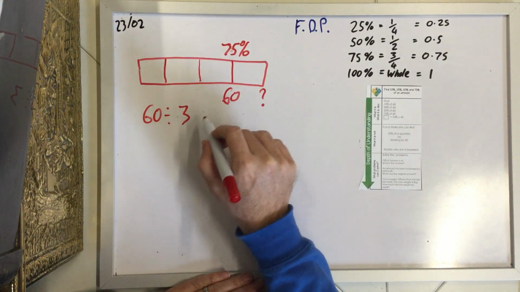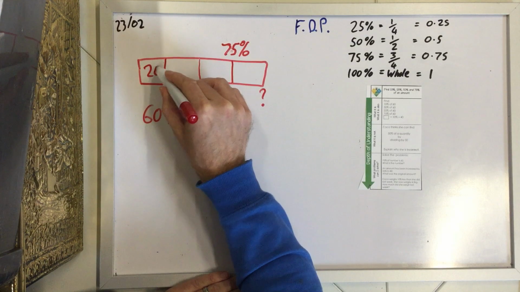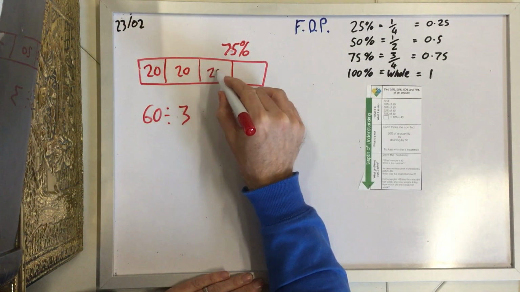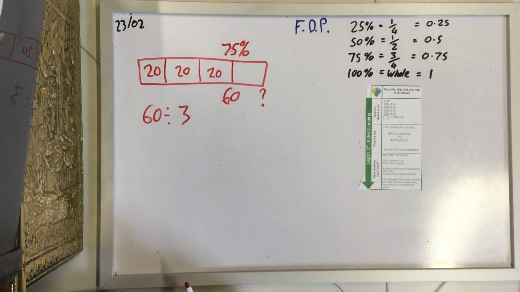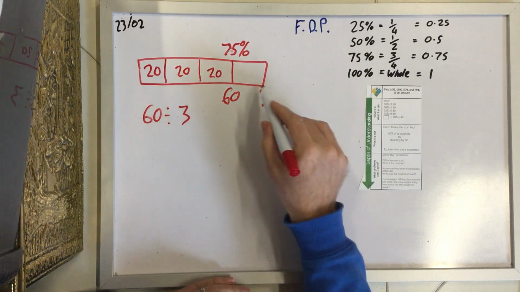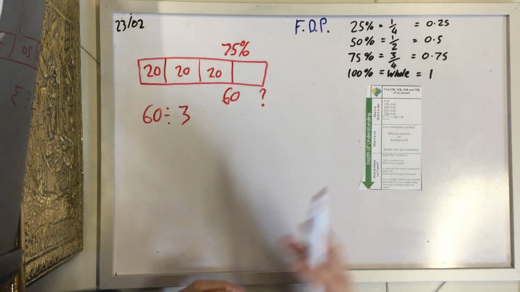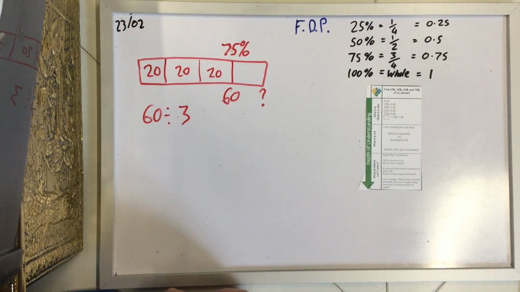Dividing the 60 by 3 gives us 20. That will help you get to that end part. So you know these are each worth 20. You have 60. I'm sure you can see the process from there.